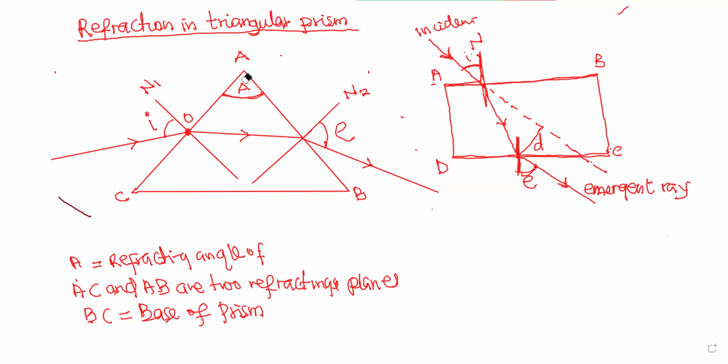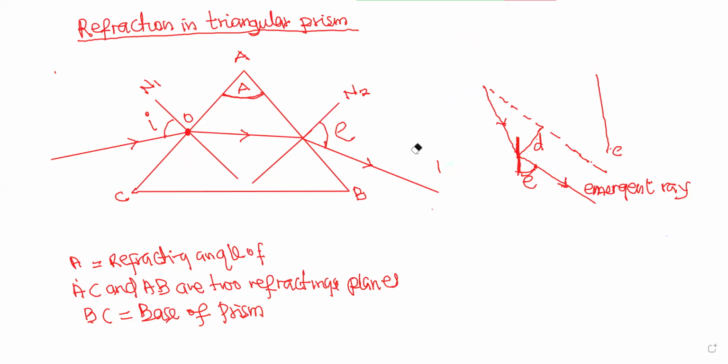and the prism is able to combine them to form a larger deviation. And this is very, very important for the dispersion of light. This ability of triangular prisms to combine deviations at its planes is useful for the dispersion of light.